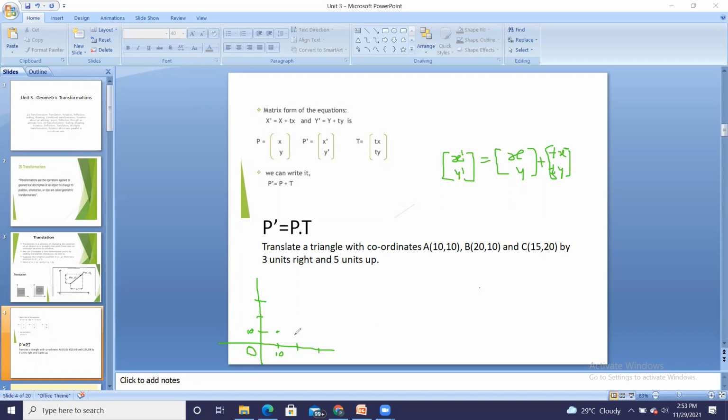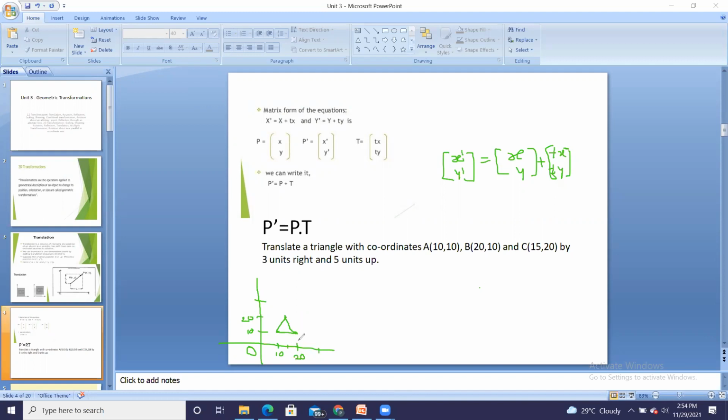So B is somewhere here where the horizontal distance X value is 20, but the Y value is the same, that is 10. And C is 15, 20. So 15 is somewhere in between these two. So 15 and 20 is here. The Y value is 20. So I will get a triangle with vertices like this. So this is your original triangle.